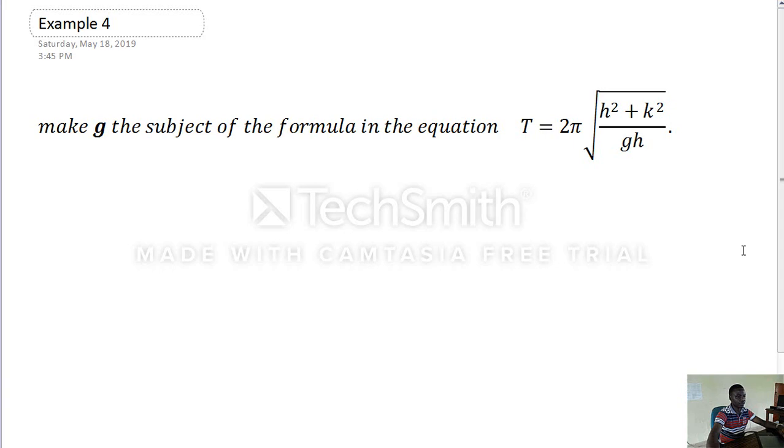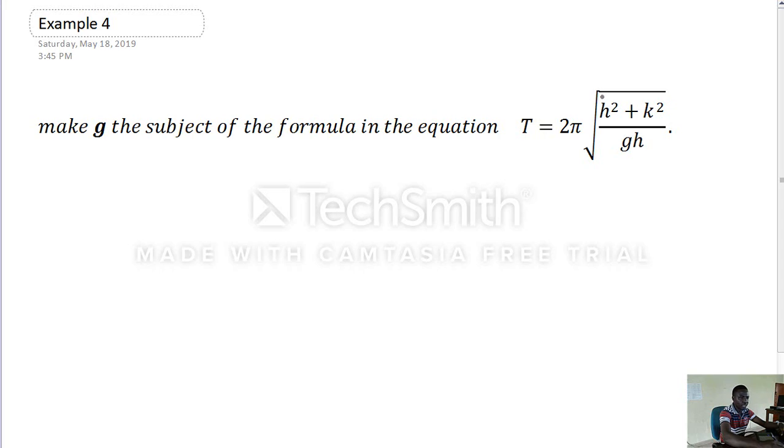The next example says we should make g the subject of the formula in the equation t is equal to 2 pi into the square root of h squared plus k squared divided by gh.